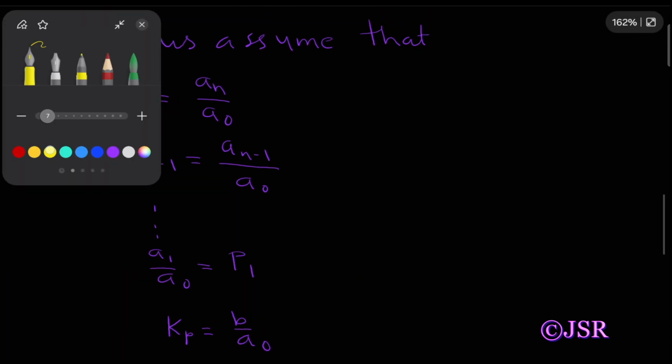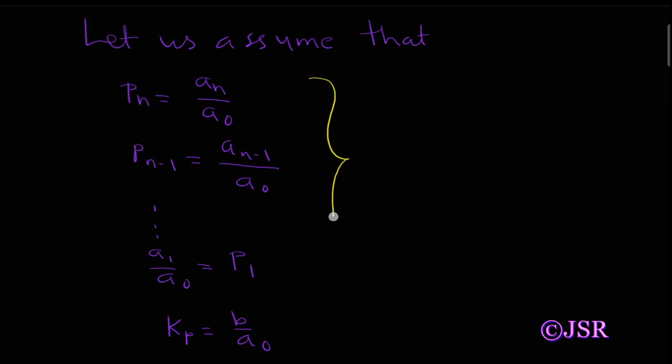So here we have total n plus 1 system parameters.